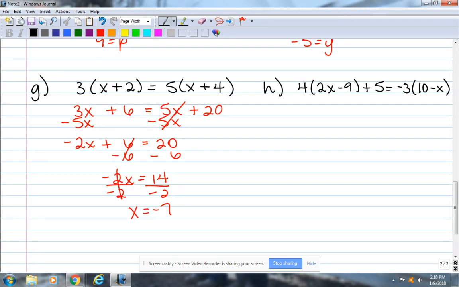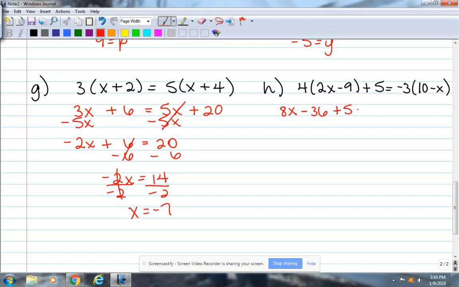Yeah, first thing I'm going to do is distribute and get rid of those parentheses, right? So 4 times 2x is what? 8x. Let's write that down. And 4 times negative 9 equals what? Negative 36. Very good. And I'm going to copy that plus 5.